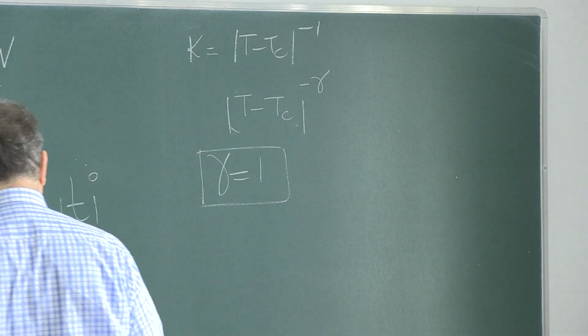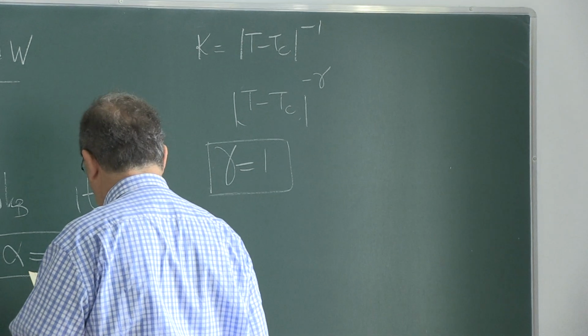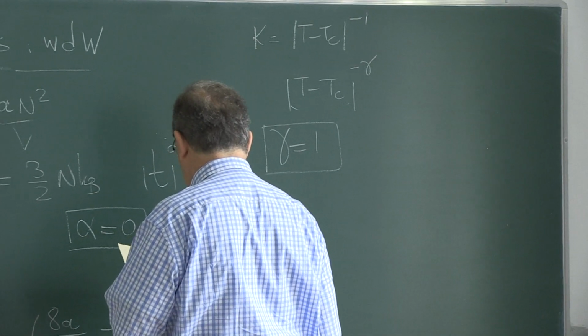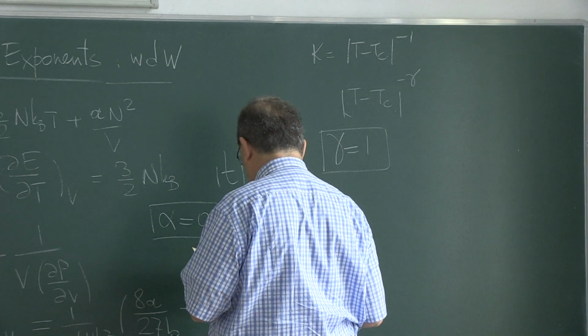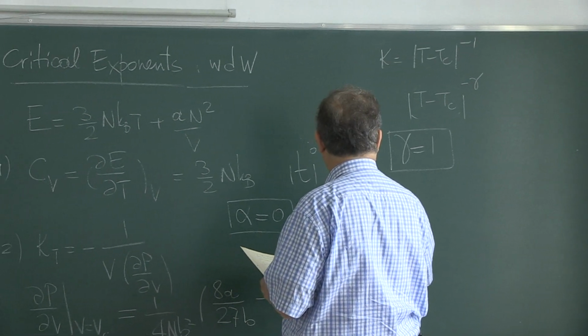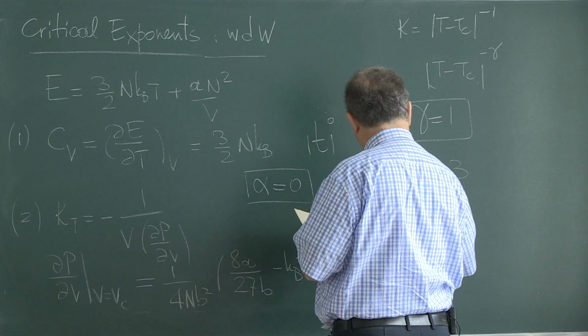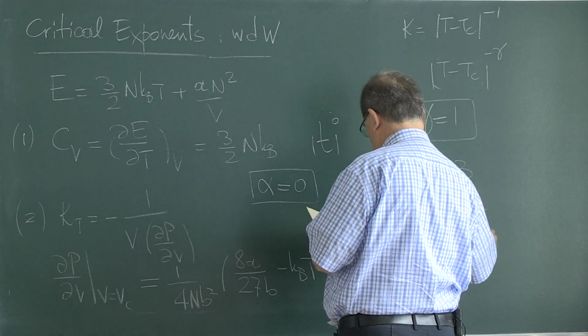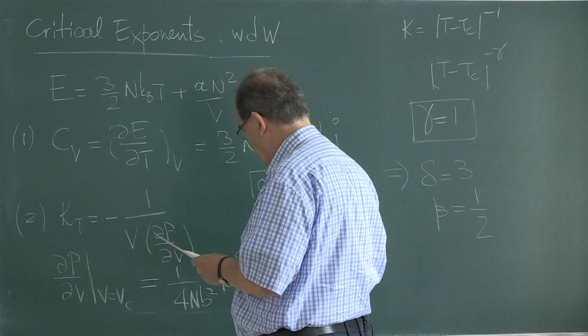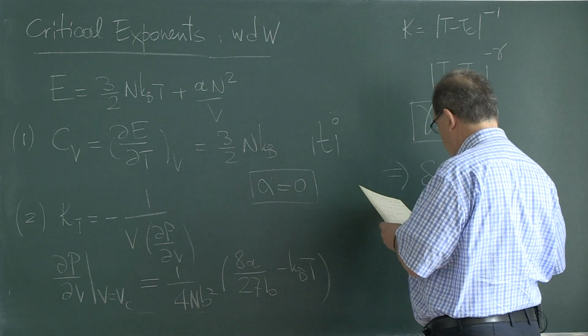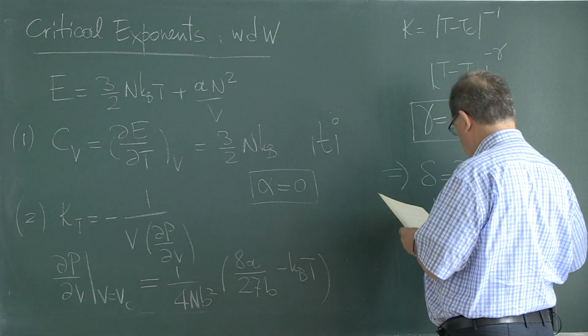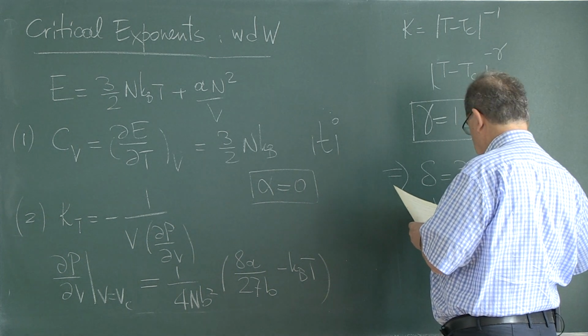You can Taylor expand the equation of state around the critical pressure. You find delta equals 3, beta equals 1/2. Because this 1/2 comes from the Maxwell construction.